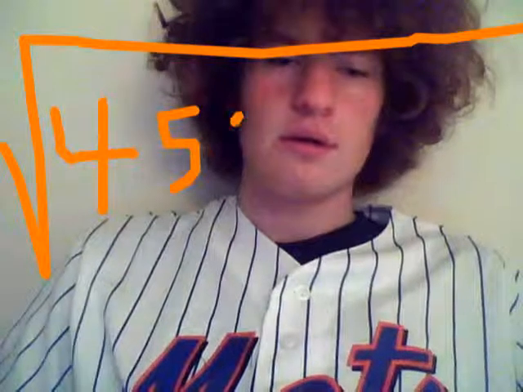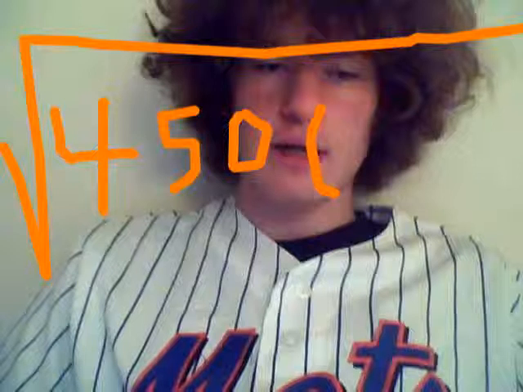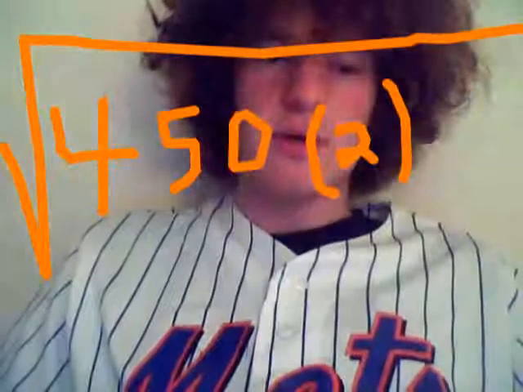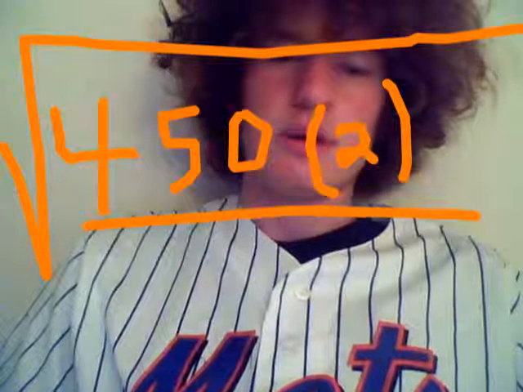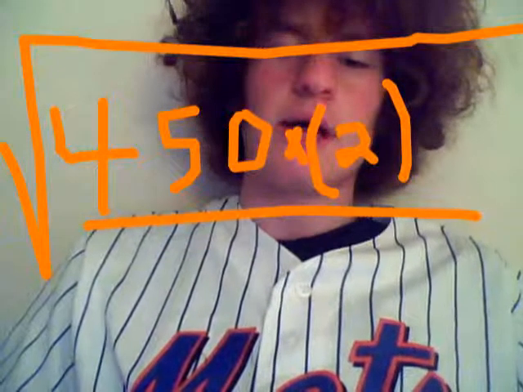Alright, so now we still have the square root. We're going to get 450. 150 times 3 is 450. And that's going to be times 2. We still have the 2 left. And so when you multiply 450 times 2, we get 900.